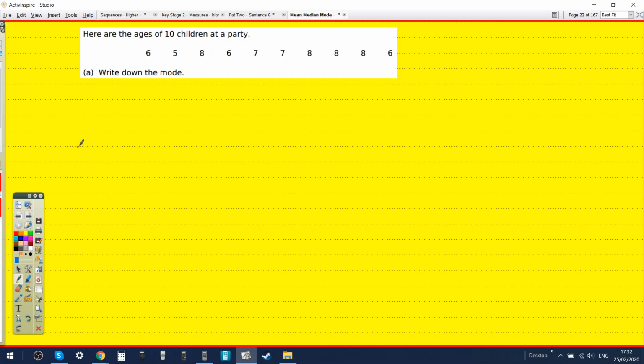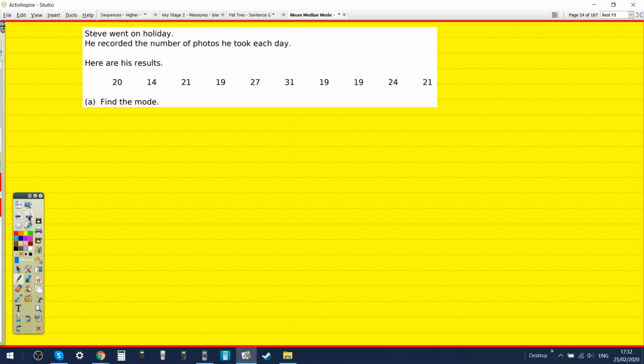The mode is the one that's there most often. Oh, mode. Okay. Yeah. And so, what is the mode for these numbers? 8. Yeah, so for this one the mode is 8. What's the mode here? 19. 19, and so on.